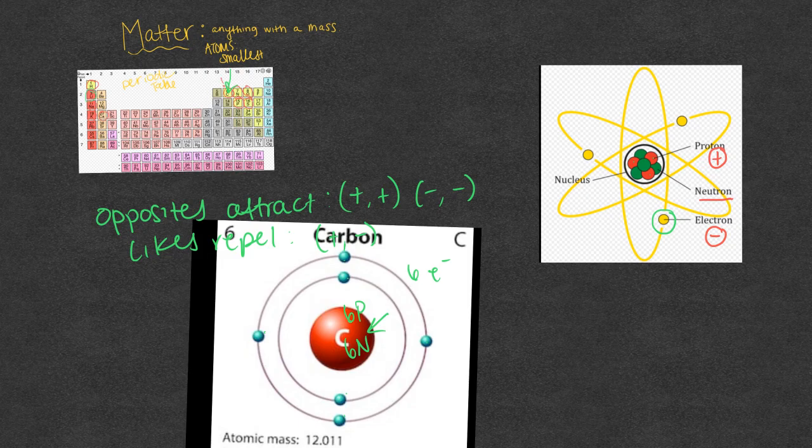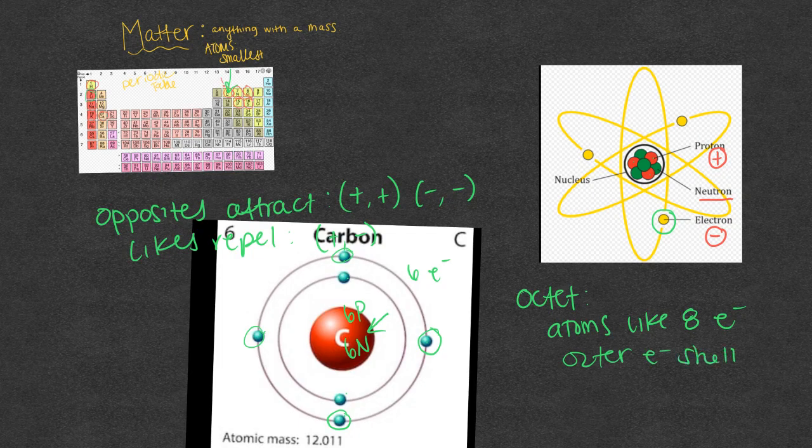I don't know if you remember the octet rule from chemistry, but atoms like to have 8 electrons in their outer shell. And so carbon has 1, 2, 3, 4 in its valence shell. So remember the outer electron shell, and this little symbol here means electron. I'll write that.